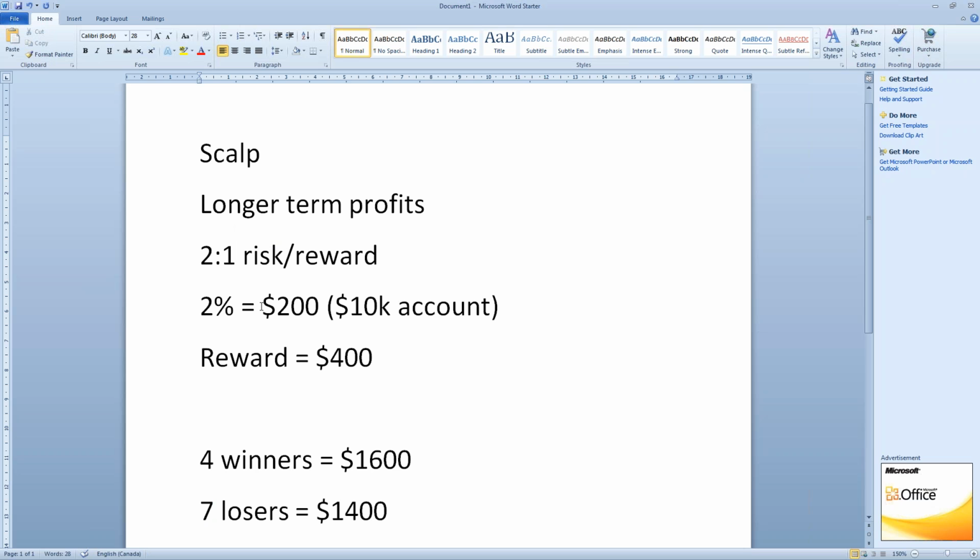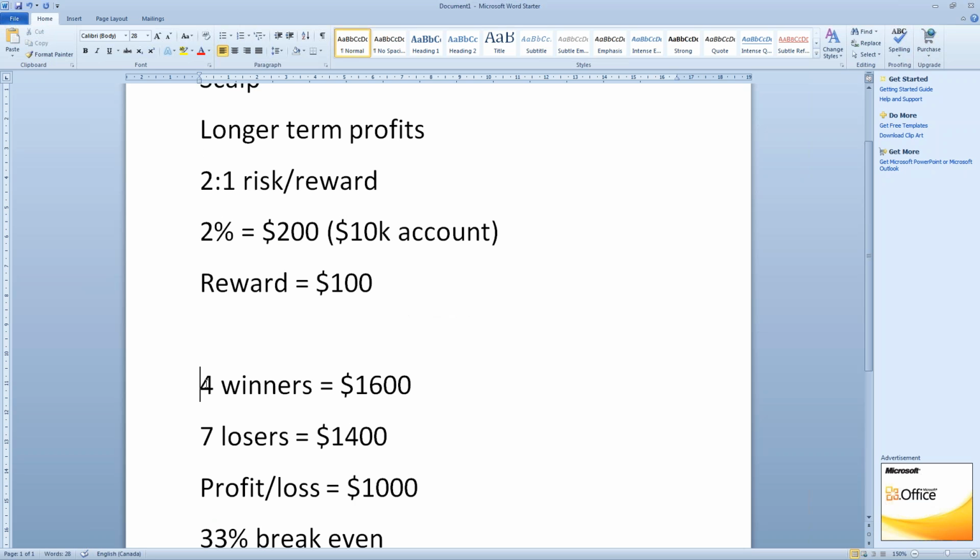We're going to be scalpers. So our reward is $100. Our risk is $200. And we figured that we needed 7 winners and we could afford 3 losers. And we would be ahead $100.